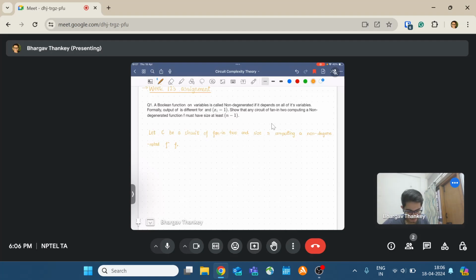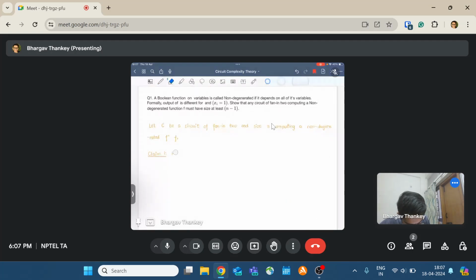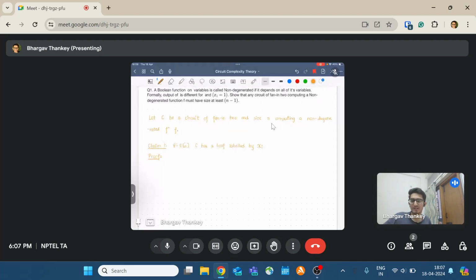Okay. So the first claim is the following. First, we'll show that for every i in [n], C must have a leaf labeled by xi, or in other words, it must read xi.